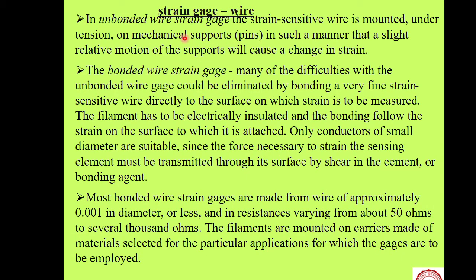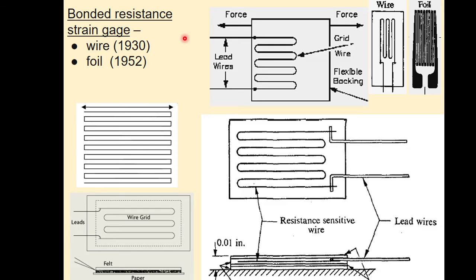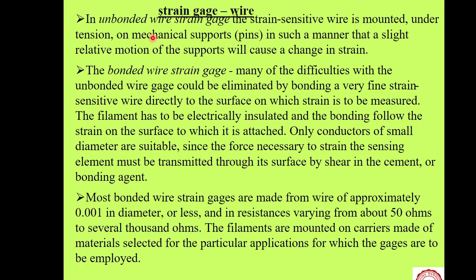And wire type. Wire type means this wire type, right? The first development was this wire type. And in the very first, there was the unbonded wire strain gauge, because Lord Kelvin himself carried out experiments on this wire type resistor. That also acts as a strain gauge because its resistance changes. And those were unbonded.